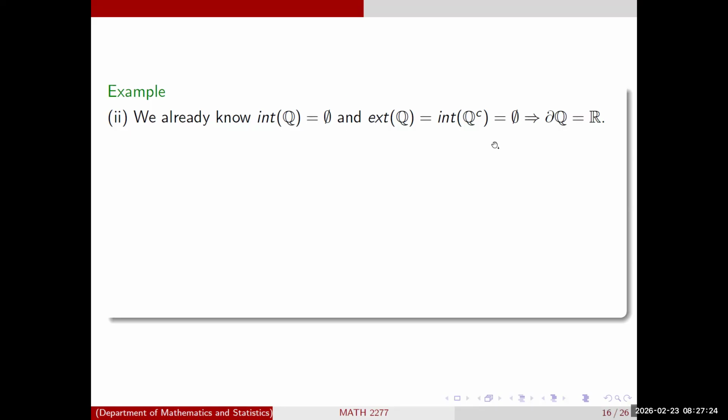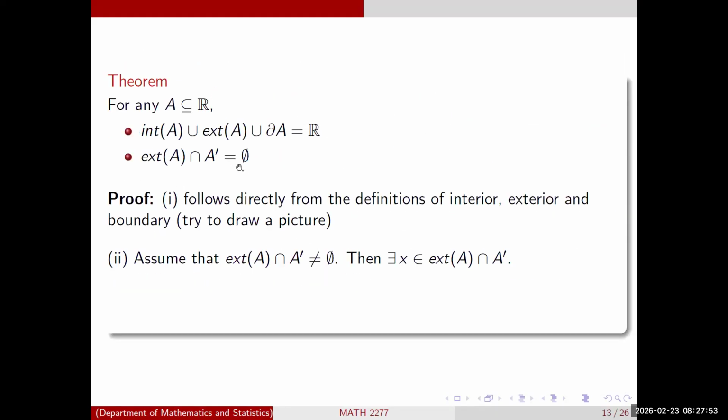Now remember that if you are a real number, you are either in the interior of a set, or the exterior, or the boundary. But the interior is the empty set, and the exterior is the empty set. Therefore, the boundary of the rational numbers must be all of the real numbers. Let me go all the way back and show you what we're using.